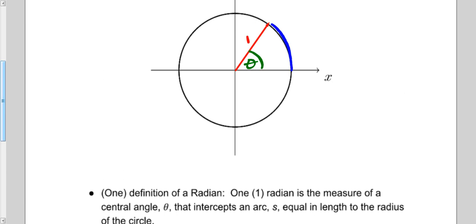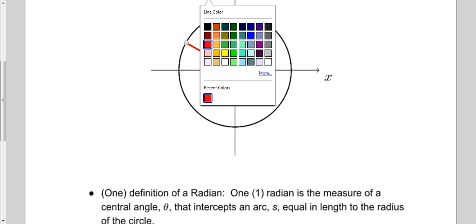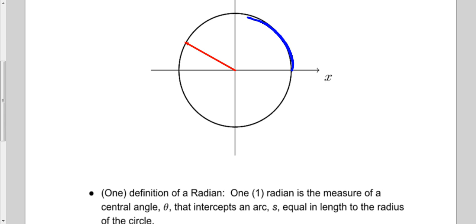If I go right there, and this length here we'll call S, and I divide it by the length of the radius, which in the unit circle is 1, that tells me how many radians I have.